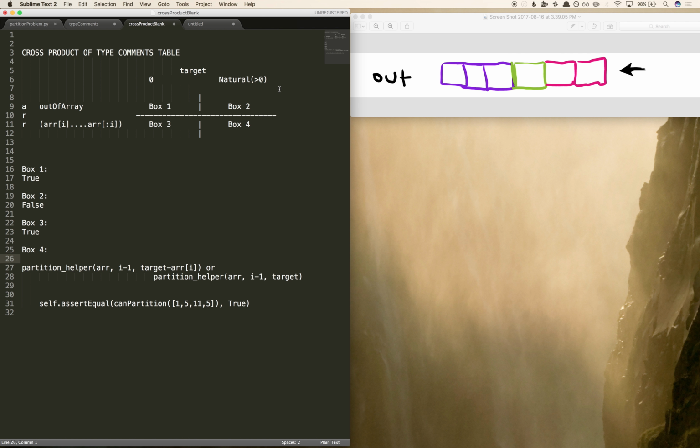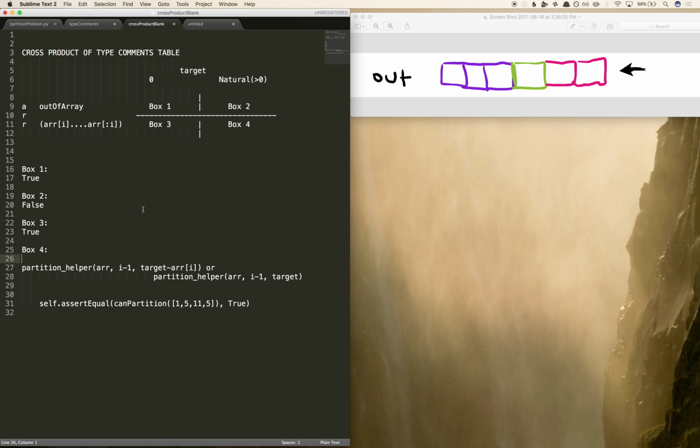If we're out of the array and the target's still positive, that means this is not possible, we can't partition into 2 subsets. And if we've hit the target and there are still some elements left to process, it's okay because we've hit our target, so we return true.